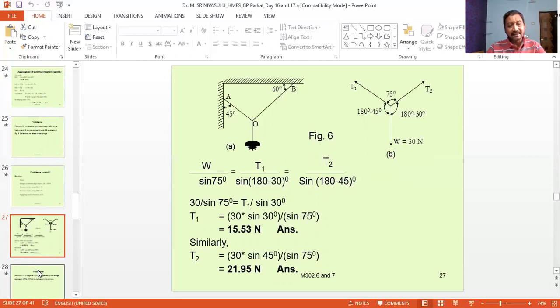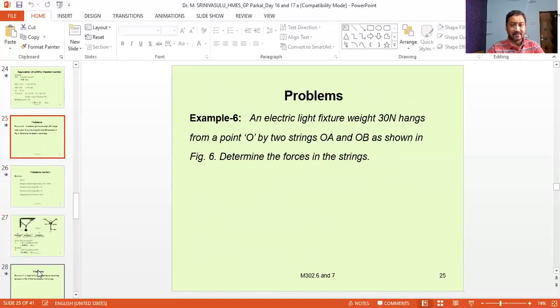Now the angles are given. Here OA is making an angle of 45 degrees with the vertical wall, and the string OB is making an angle of 60 degrees with the horizontal beam, and the weight is given as 30 newtons. Now we have to estimate the tensions in the strings OA and OB, that is, the forces of the tensions.